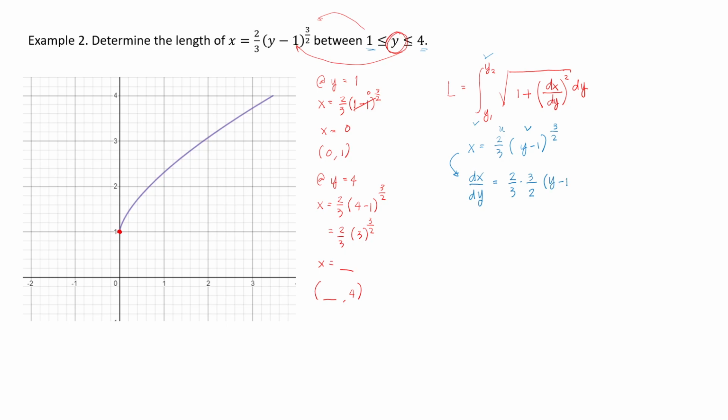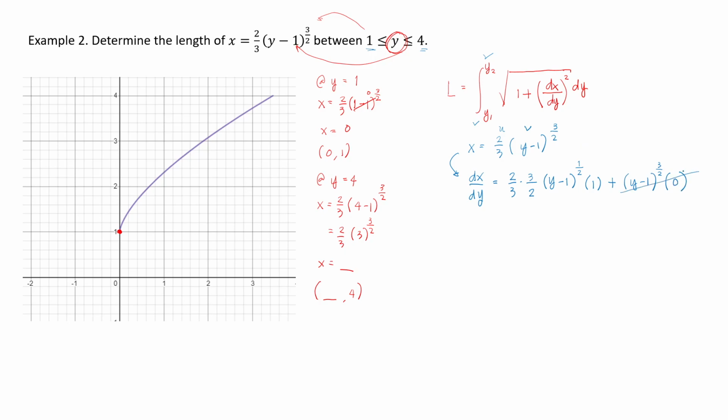And then y minus 1, but 3 halves minus 1 would give you 1 half. And then times 1 pa, di ba? Because you're going to get the derivative inside the parentheses, which is just 1. So the derivative of y is 1, the derivative of -1 is 0. So plus, of course the other side would be just 0 because this is y minus 1 to the power of 3 halves, times the derivative of 2/3, which is 0.